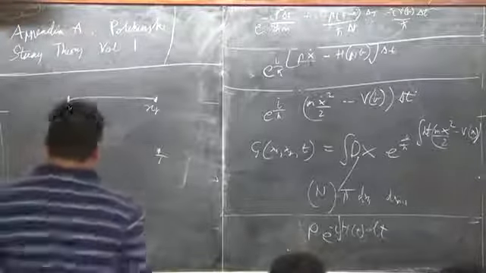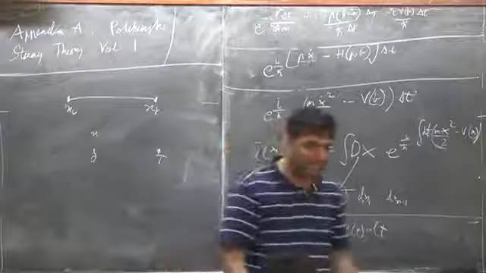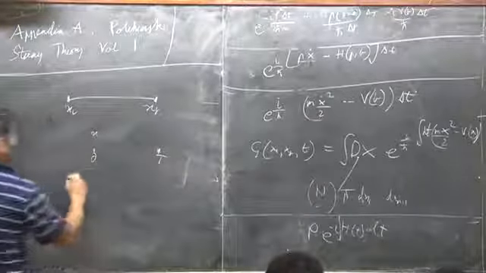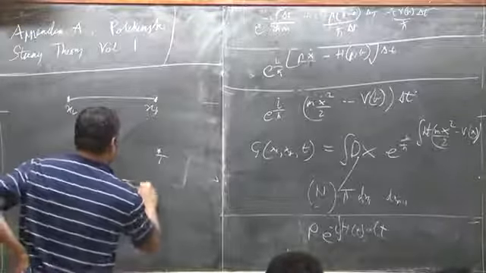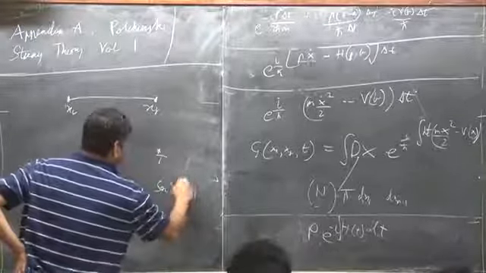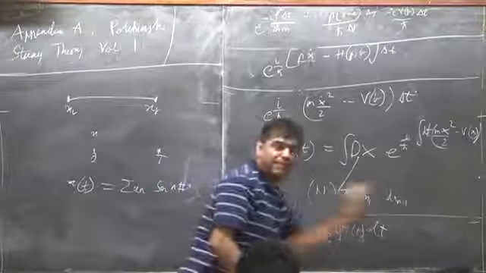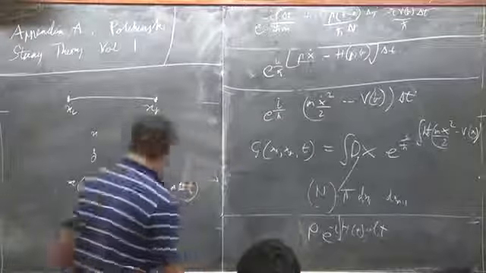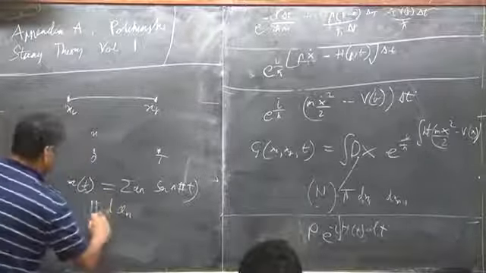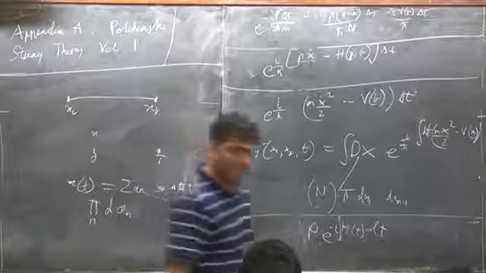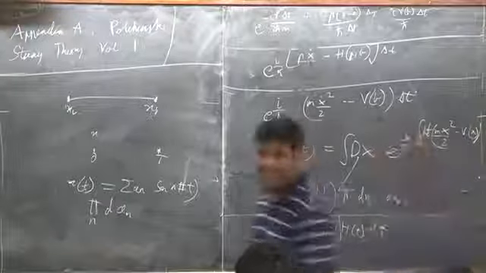And what you can show is that this measure that I do, just by formal Jacobian terminology, is the same thing as the following. Suppose I take x of t and write it as a sum over a_n times sine of n times pi t over T. Then this measure dx_1 through dx_{n-1} is the same thing as the measure da_n, product over n, without the normalization.